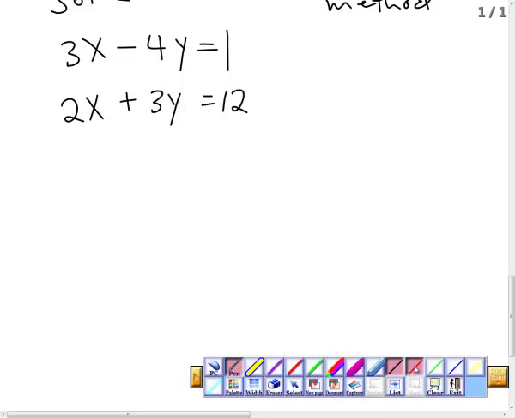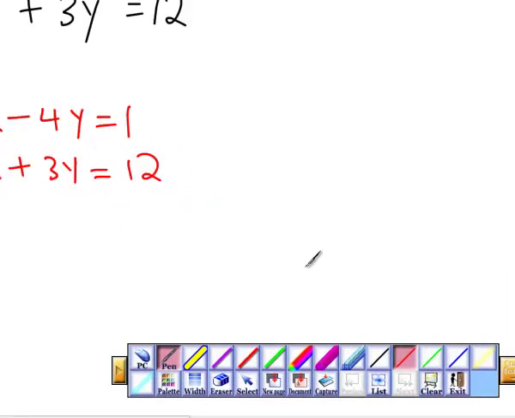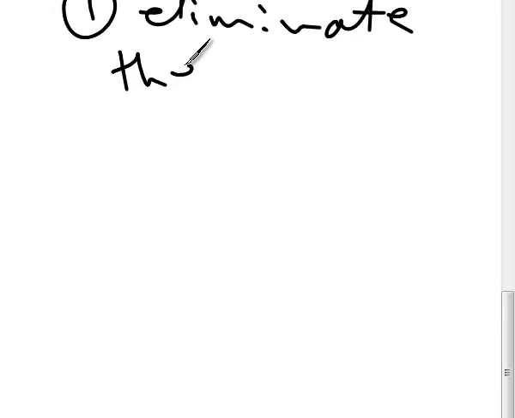So what we do here is, I'm going to rewrite this again: 3x minus 4y equals 1 and 2x plus 3y equals 12. And we're going to, step 1, eliminate, in this case, the y's. But it doesn't have to be the y's.